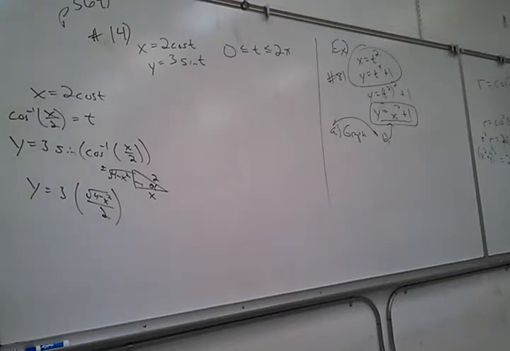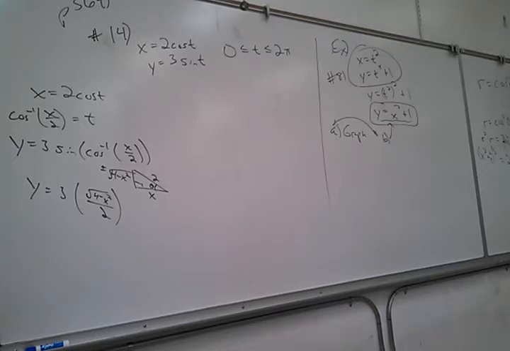What if I squared both of these first? Because then what's cosine squared, for example? Yeah, 1 minus sine squared. And 1 minus sine squared is y squared over 9.